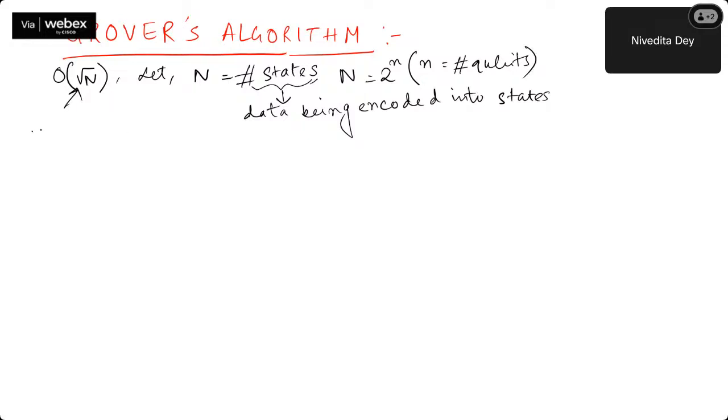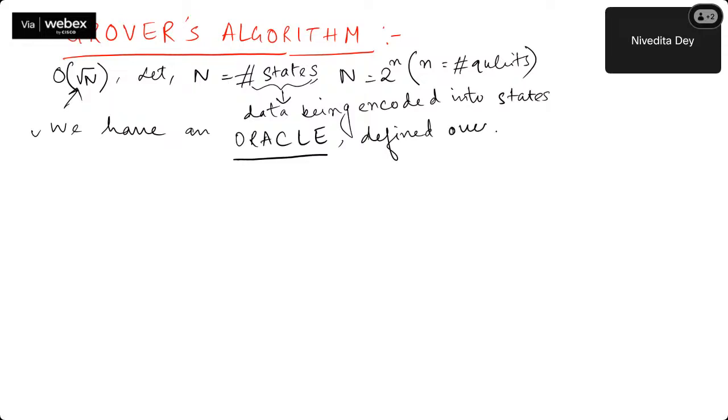Okay, so here, say we have an oracle, which we call a needle in a haystack function, defined over k such that 0 is less than or equal to k, less than or equal to 2 to the power of n minus 1.